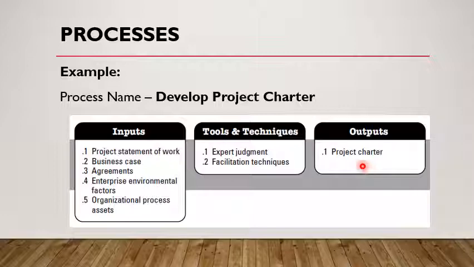The output of this process is the project charter. The tools and techniques adopted to get the desired output of project charter are expert judgment and facilitation techniques. Like this, we have 49 processes in the project management practice.